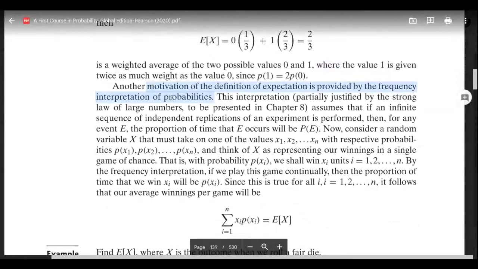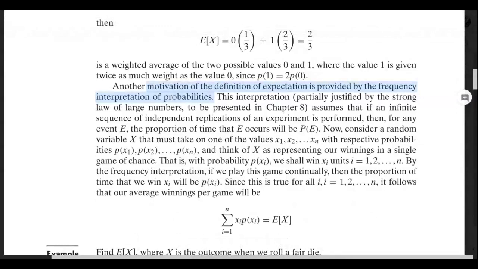Another motivation for the definition of expectation, or expected value, is provided by the frequency interpretation of probabilities. This interpretation is partially justified by the strong law of large numbers. We will talk about the law of large numbers at the end, but for statistics to be a science, it stands on two legs.